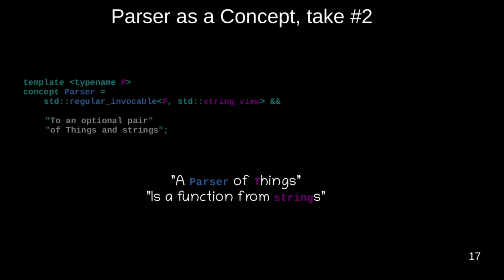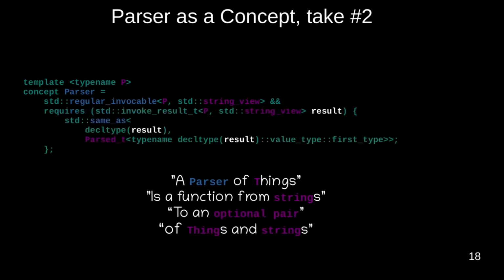So one way you can express this is with a requires expression. And that's mostly used just in the definition of concepts. So that's the other new keyword, requires, followed by a list of parameters, some curly braces, and inside you basically have compile-time statements that have to be true for this to compile.